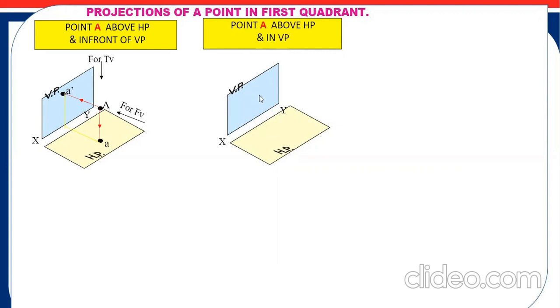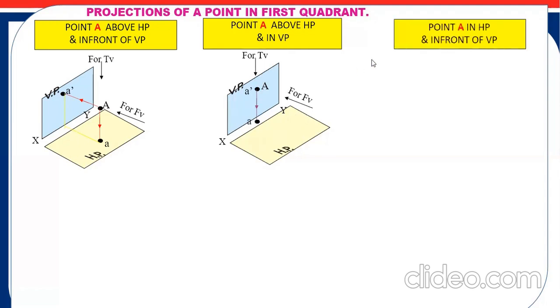But here in VP, you can see the front view is here and the top view we are getting on the XY line. Why? Because the point is in VP. So this is the front view and this is the top view.